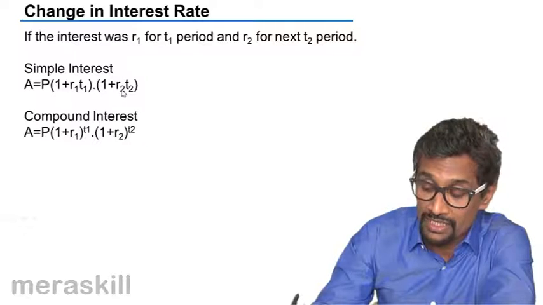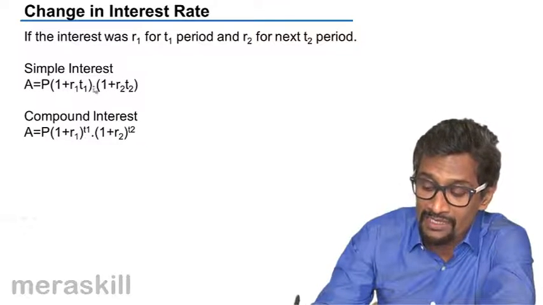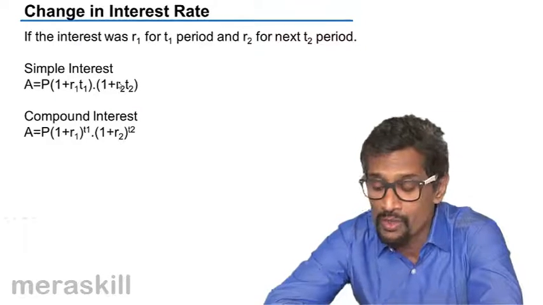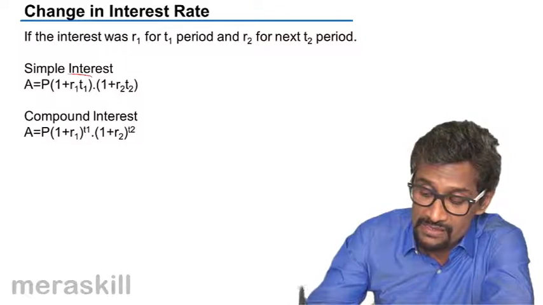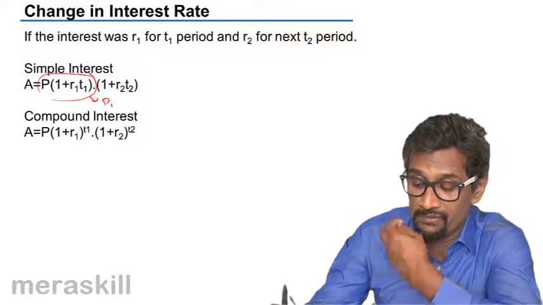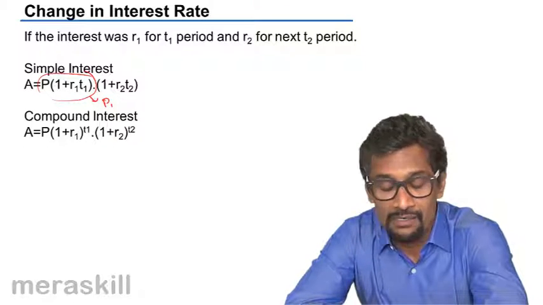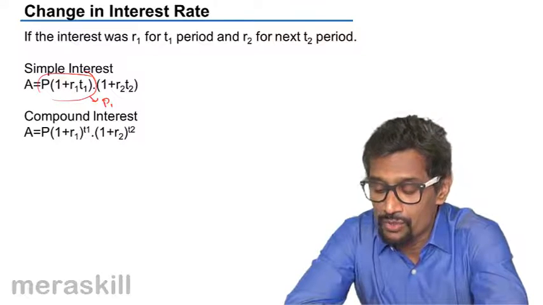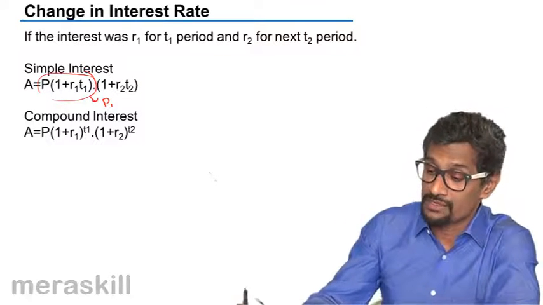Then later on the interest changes to rate 2 for a different period. So that into 1 plus R2 T2, because now for the second period, this itself will be the principal for the second period, even if it's simple interest. In compound interest, it is the same. P into 1 plus R1 raised to T1 into 1 plus R2 raised to T2. This is the change in interest rate process.